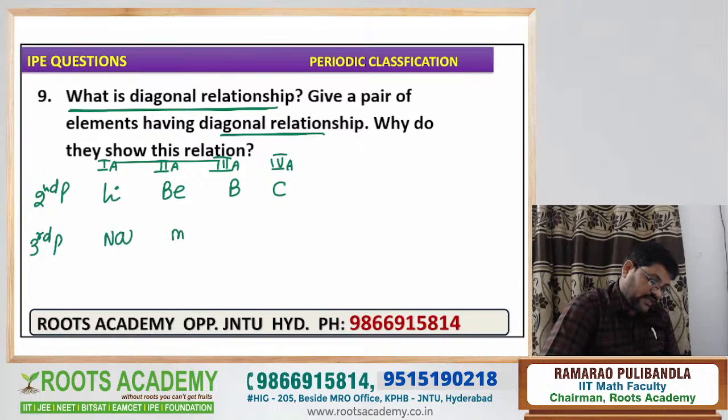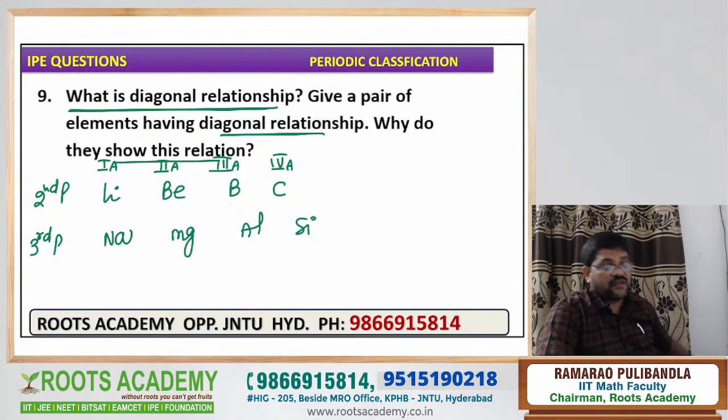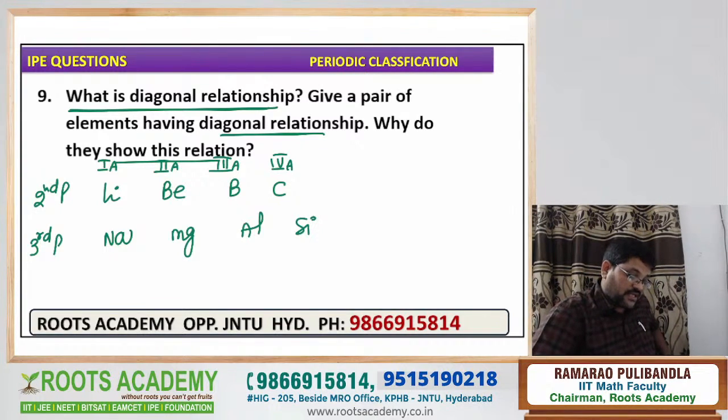Sodium, magnesium, aluminium, and silicon, you write like this. What is diagonal relationship? Diagonal means what? Across. Lithium can show similar properties with respect to magnesium. Beryllium can show similar properties with respect to aluminium.